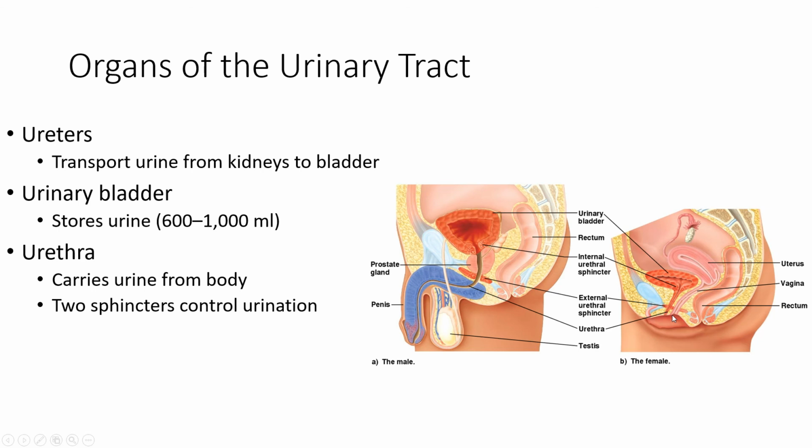Okay. And when you look at the female, the external urethral opening is located between the vaginal opening and the clitoris. So it's posterior to the clitoris, and it's anterior to the vaginal opening.